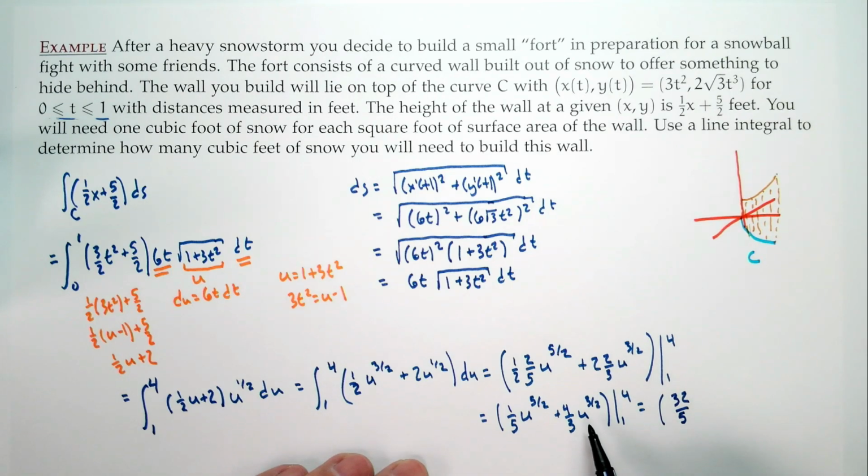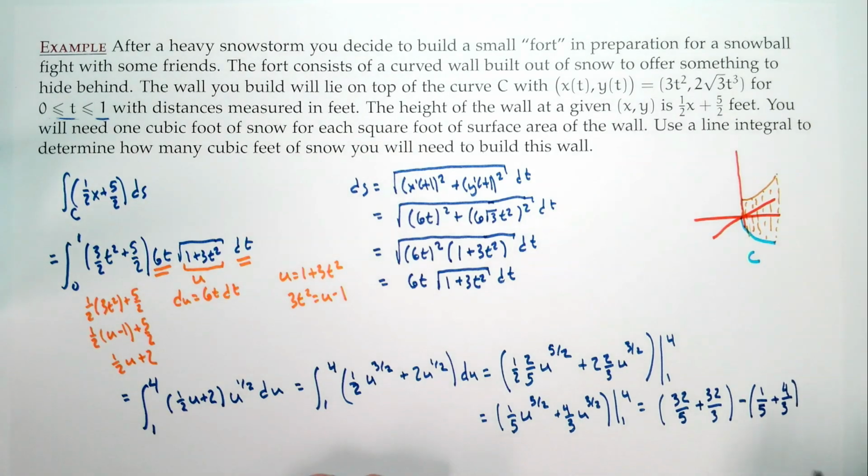The next term, square root of 4, is going to be 2. Cube it, 8 times 4/3, 32 over 3. And we're going to subtract 1 over 5 plus 4 over 3. All right.